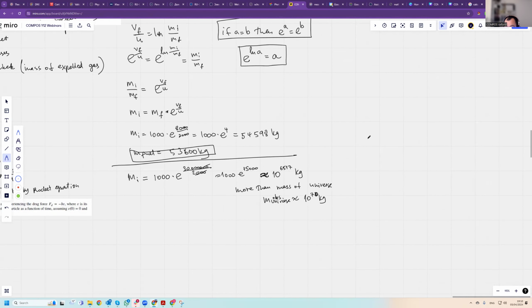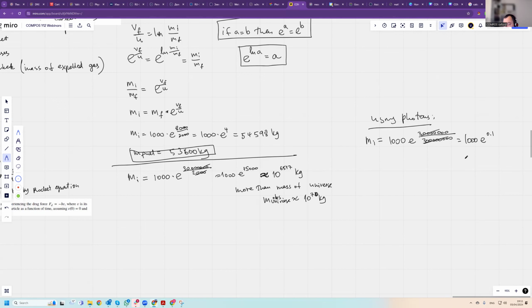The initial mass is 1,000 multiplied by e to the power of the speed. You're trying to reach 30 million divided by 300 million meters a second. That's going to be 1/10.